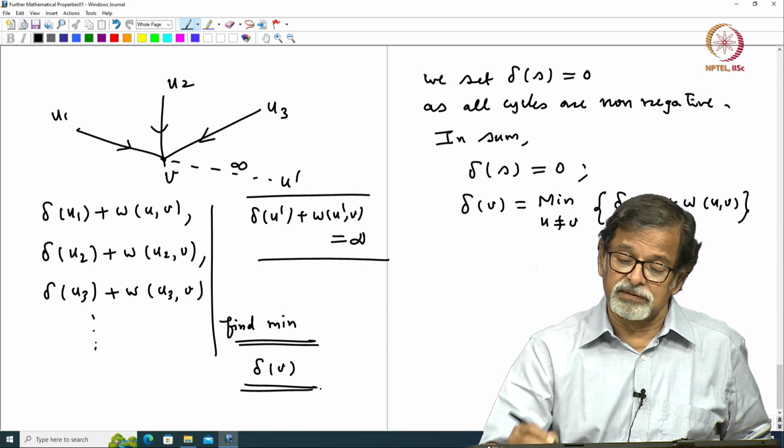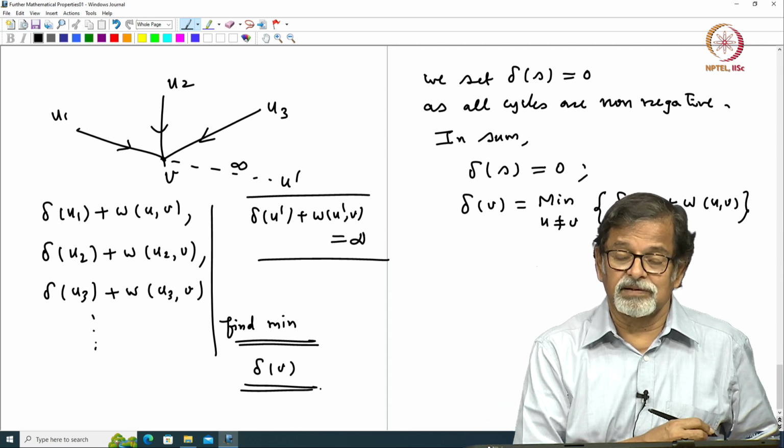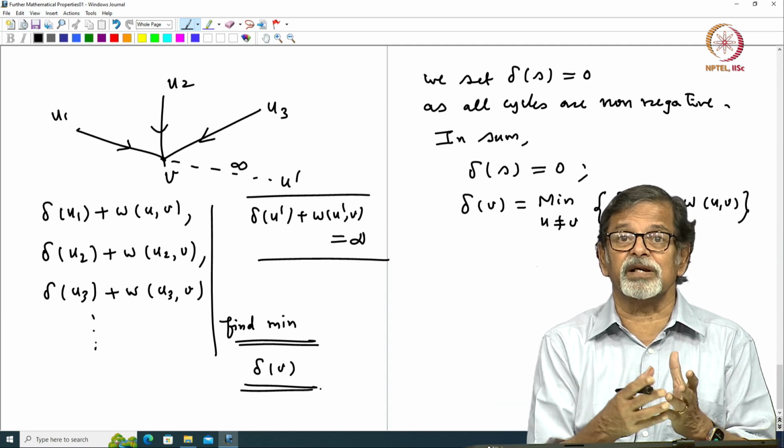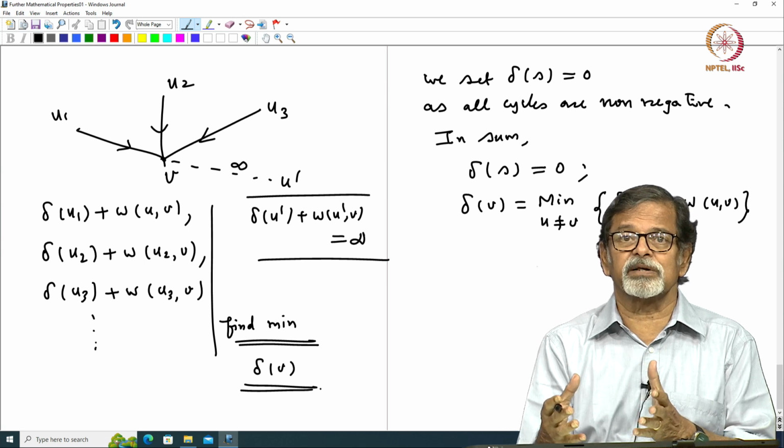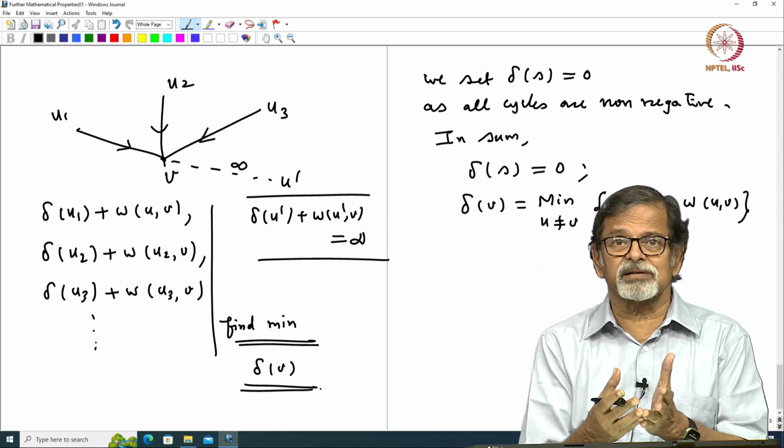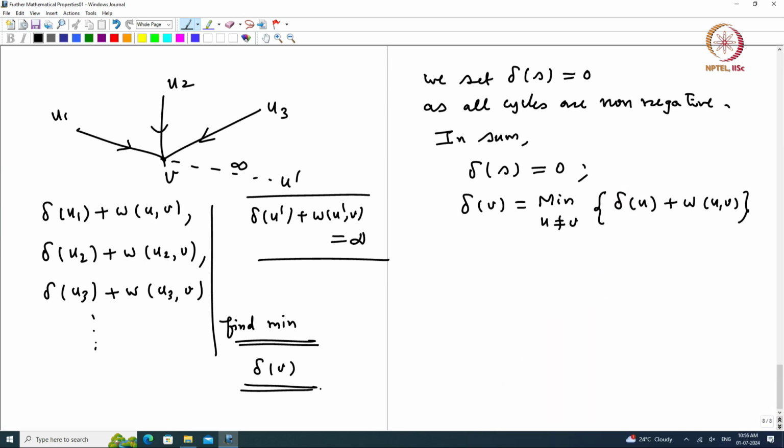And this is an interesting relation between the input and output. Input values are the weight function values, output values we are looking for are the delta values. So, there is a functional equation set up between input values and the outputs you are looking for, right.